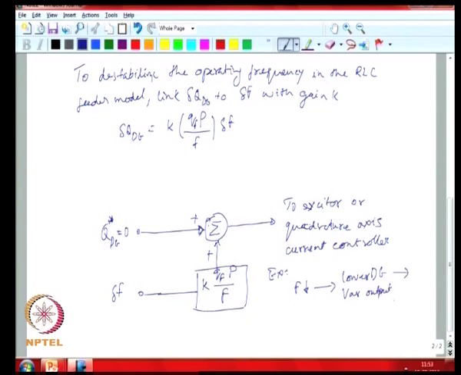The lowered VAR output from the DG would cause a further dip in your frequency, which is further measured at your sensing point, leading to further reduction in frequency, and essentially your operating frequency goes out of bound.